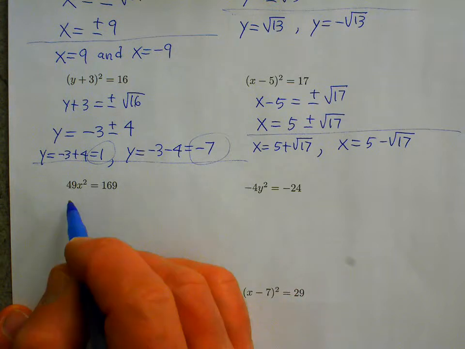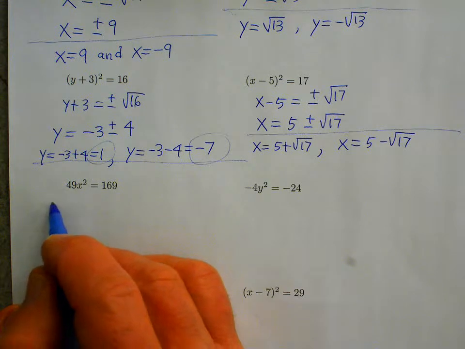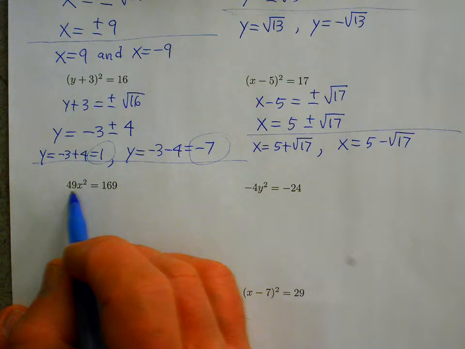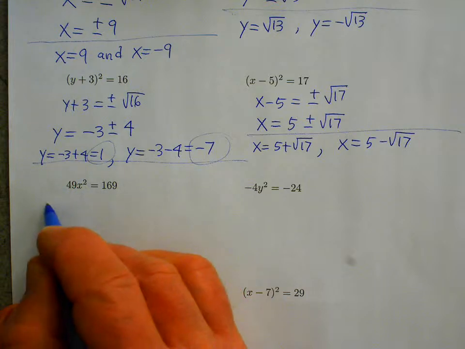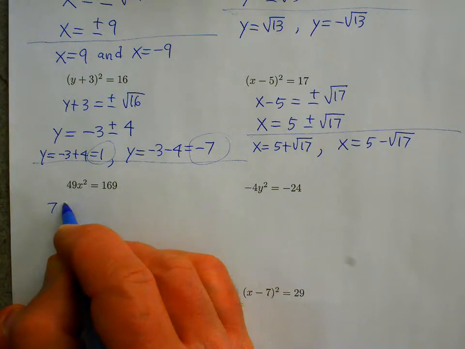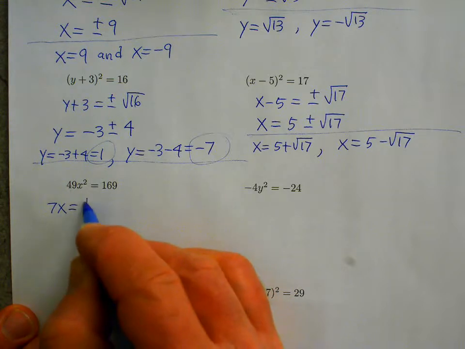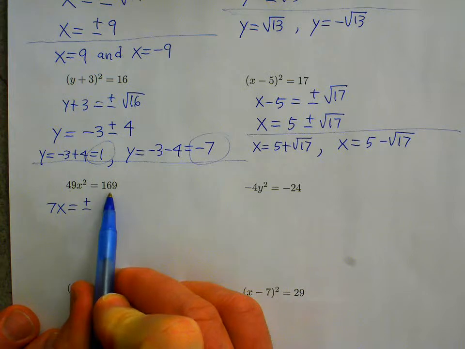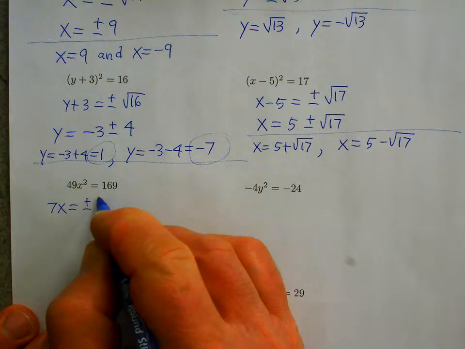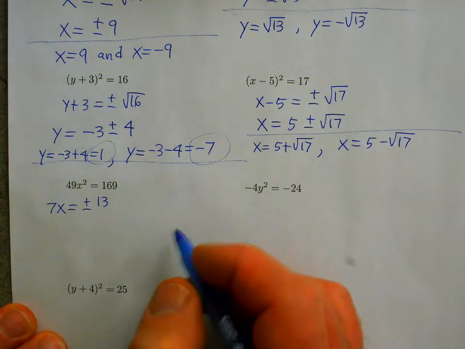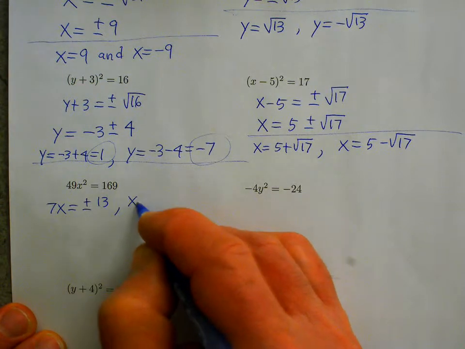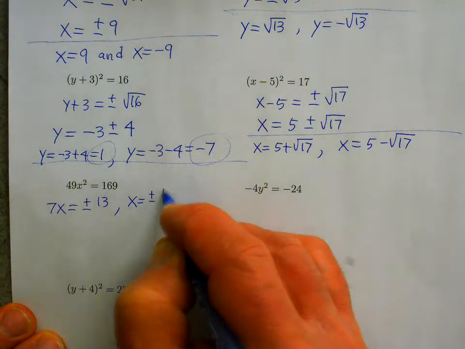And if we do it that way, the square root of 49 is 7, the square root of x squared is x. So we could write 7x equals positive and negative square root of 169, which is 13. And then divide both sides by 7, we get x equals positive and negative 13/7.